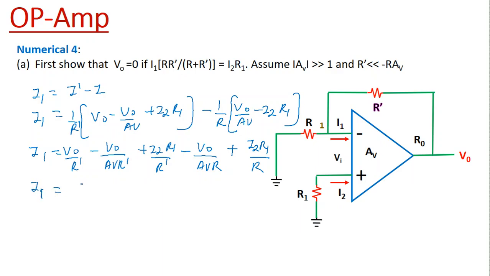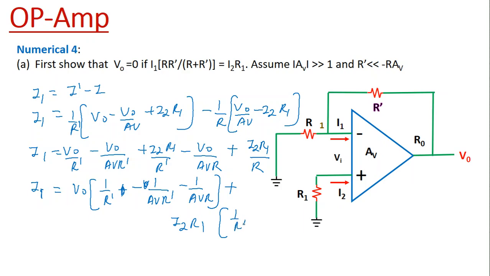So I1 will be equal to VO into 1 upon R1 plus, this will be minus of VO into 1 upon R dash minus 1 upon AV R dash minus 1 upon AV R plus I2 R1 into 1 upon R dash plus 1 upon R. This we are getting.